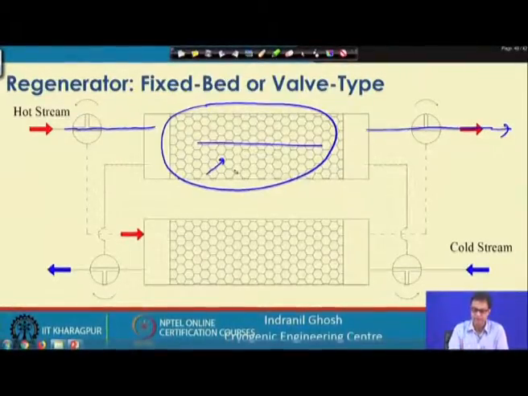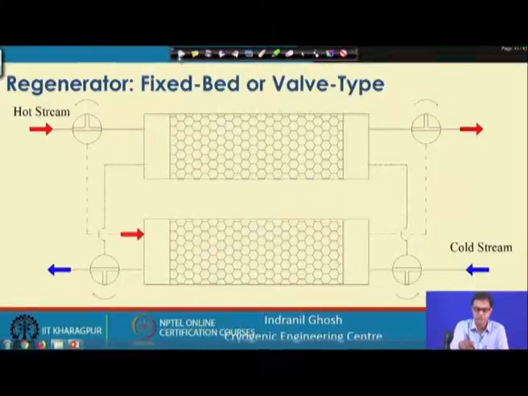Now, after some time, when this heat exchanger matrix is almost reaching the hot stream temperature, we know that no more heat transfer is possible between this fluid stream and the matrix. So, during that time, we will allow this valve to rotate.